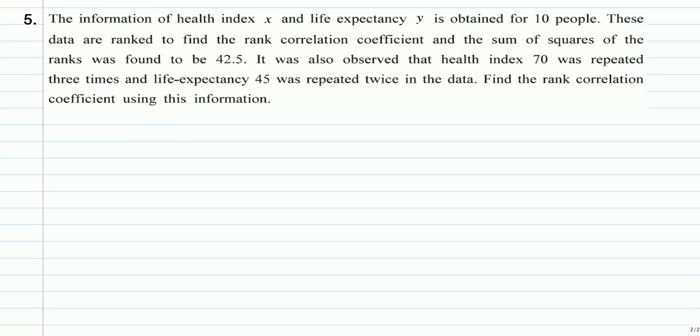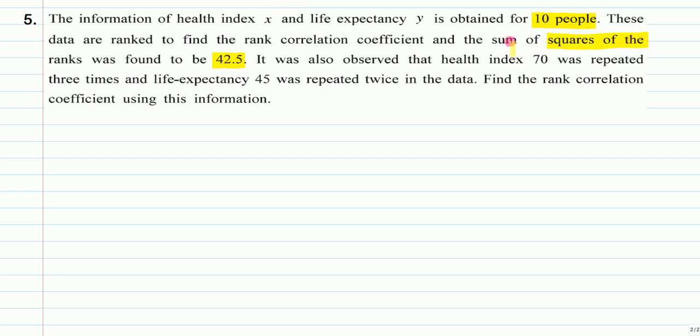Now sum number 5, the last sum of this chapter. The information of health index X and life expectancy Y is obtained for 10 people, means n is equal to 10. This data is ranked to find the rank correlation coefficient, and the sum of squares of the ranks was found to be 42.5. So what is this 42.5?